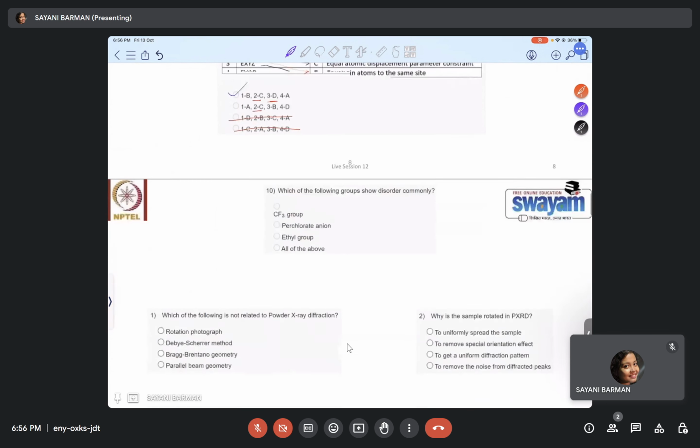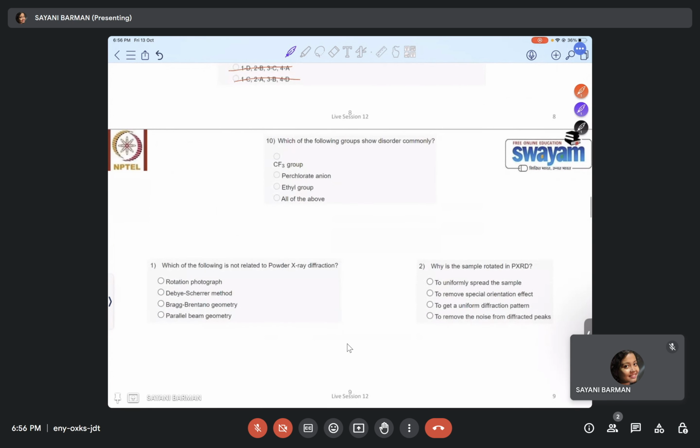So the next one is: which of the following groups show disorder commonly? CF3 group. What is the structure of CF3? Then perchlorate, ClO4. Ethyl group.